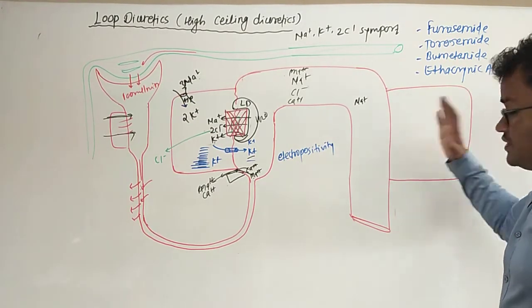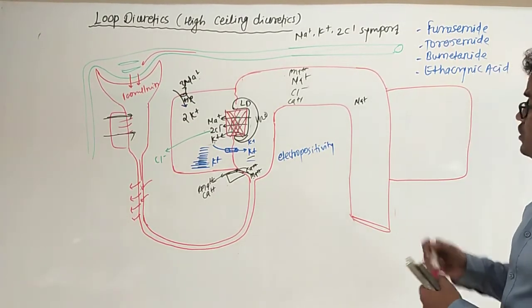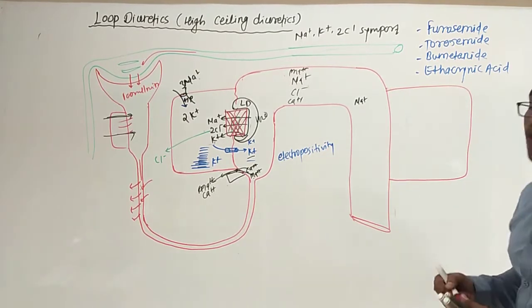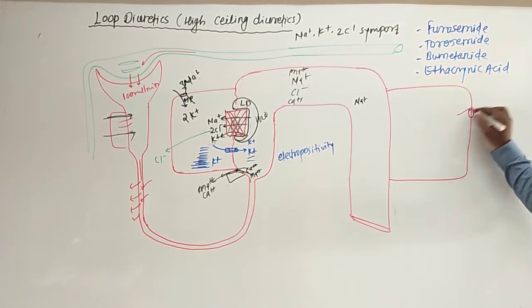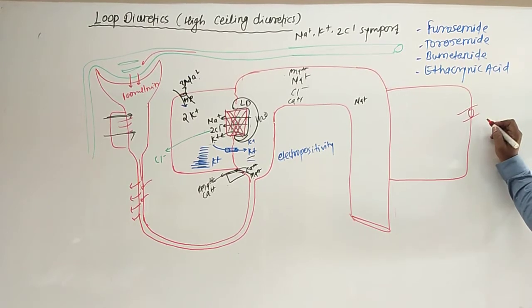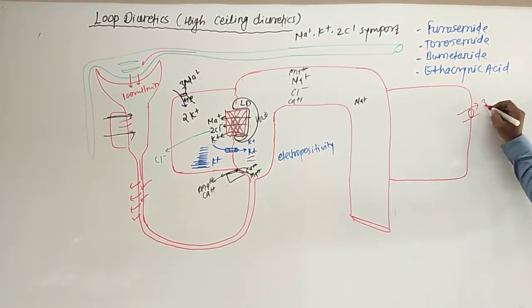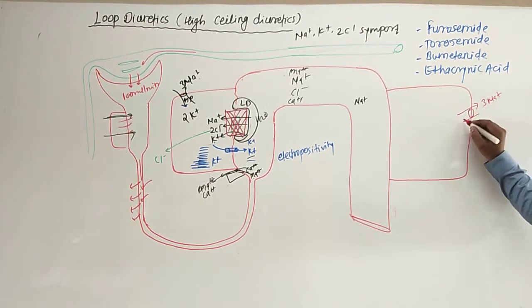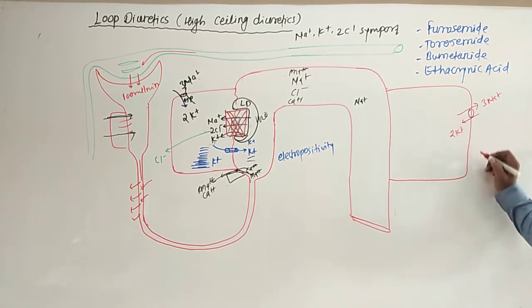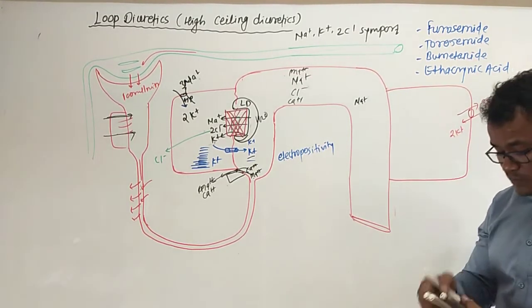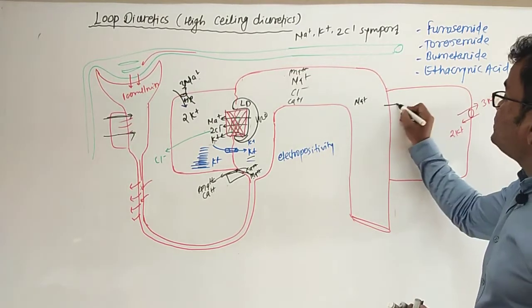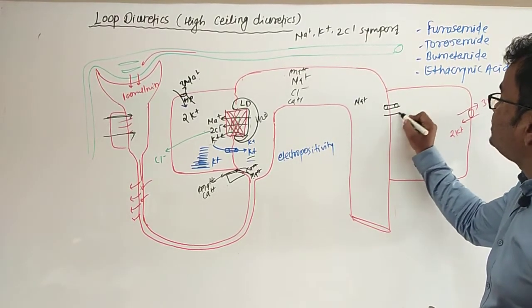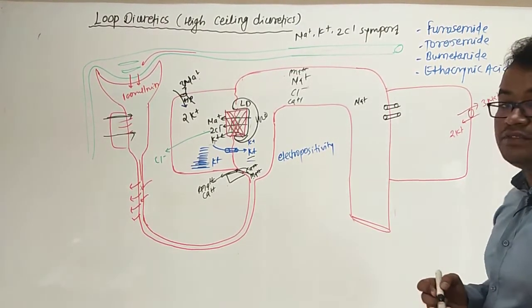In the collecting duct cells, there are also luminal and basolateral sides. On the basolateral side there is a special type of ATPase, where 3 sodium are taken outside and 2 potassium are taken inside the cells. Here there are special channels, called sodium channels.